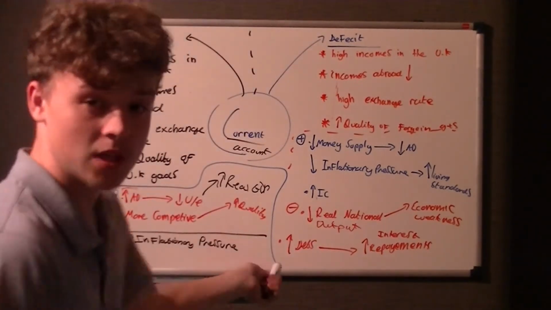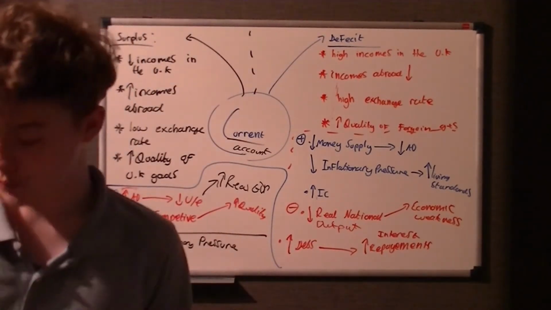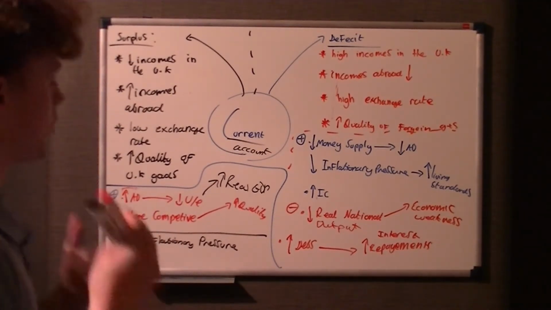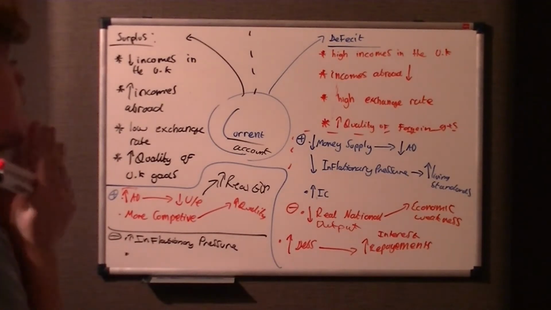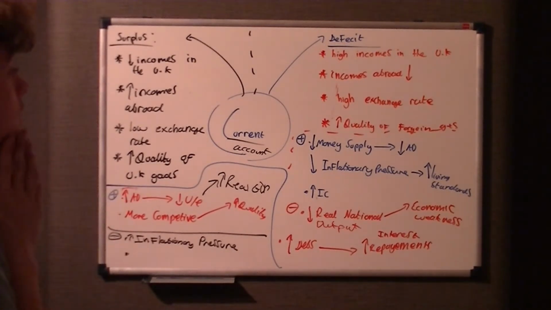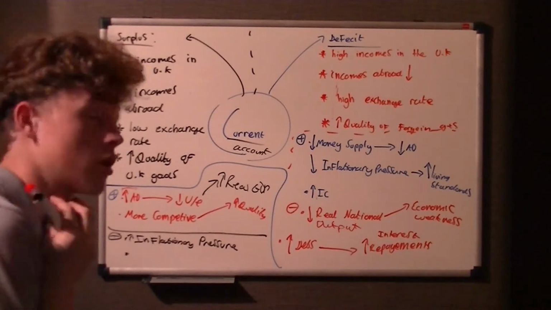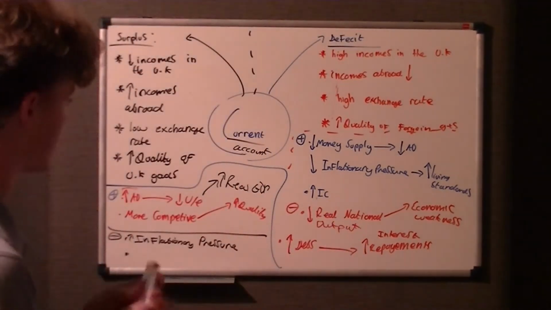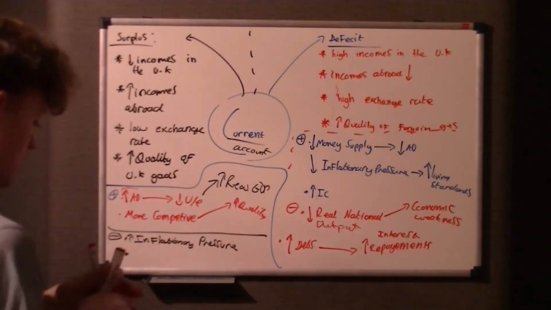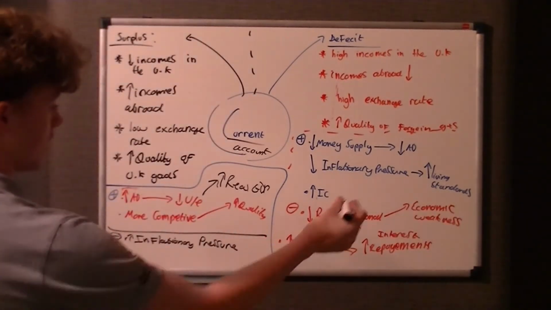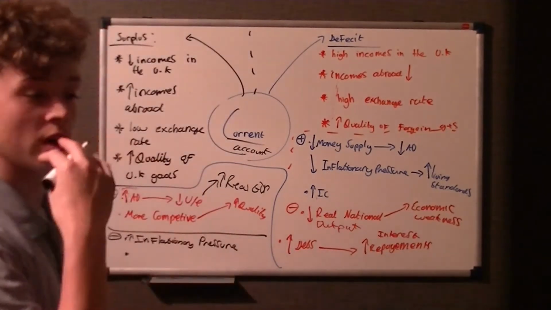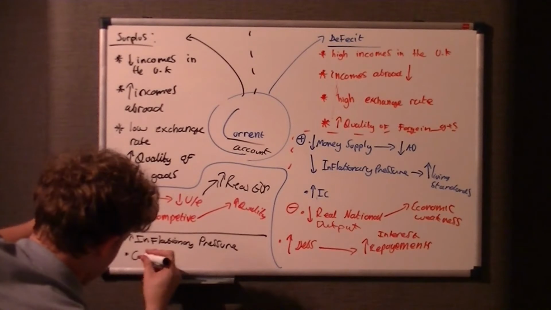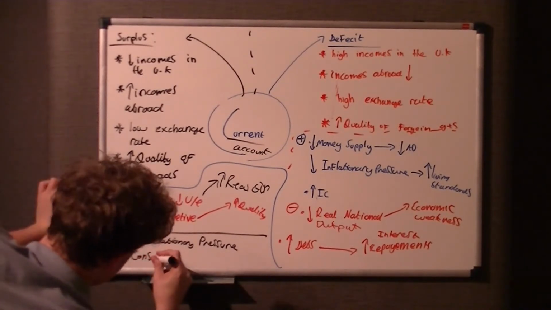So for a deficit, what's happening is we are consuming more than we're producing, which is good because that means our living standards increase. However, for this one, consumption is less than production.